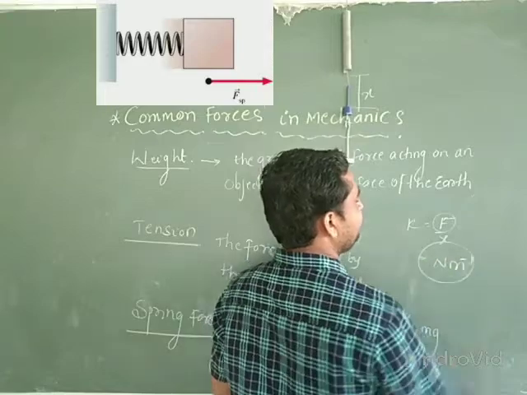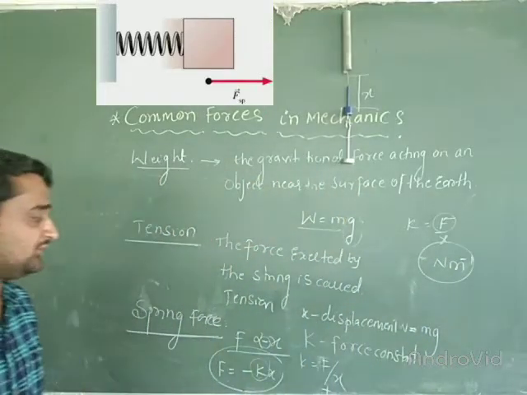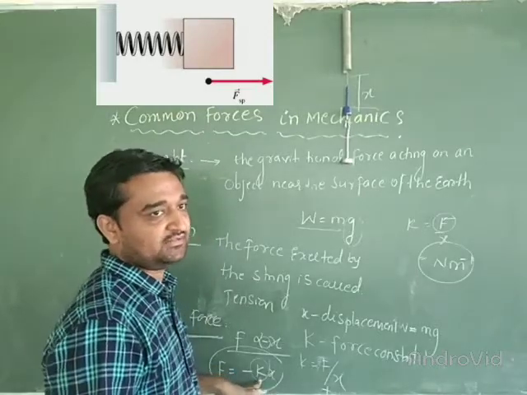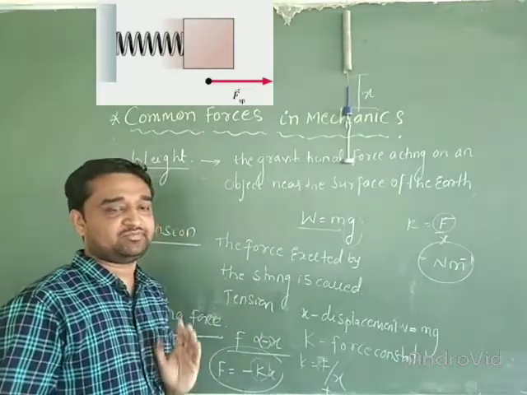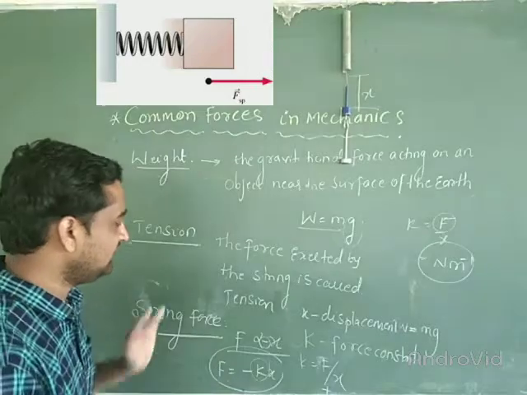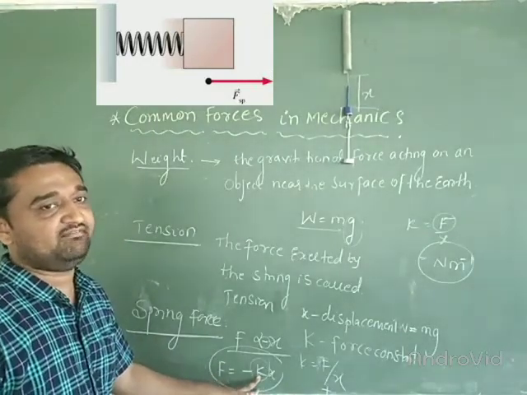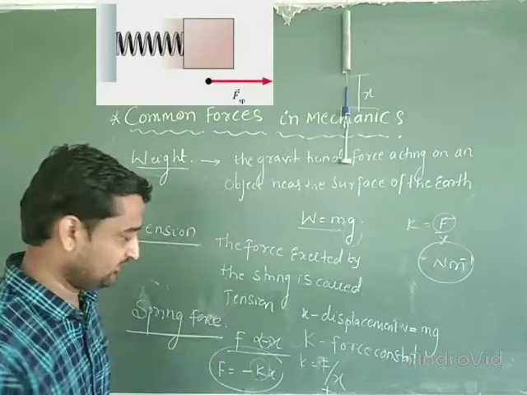So Newton per meter is the SI unit of spring constant. We do this as a practical experiment in the PU1 syllabus, where you have to find the k value of a given spring, right?